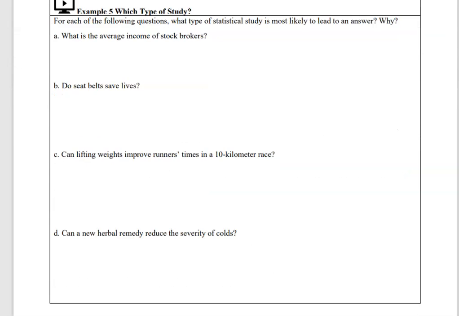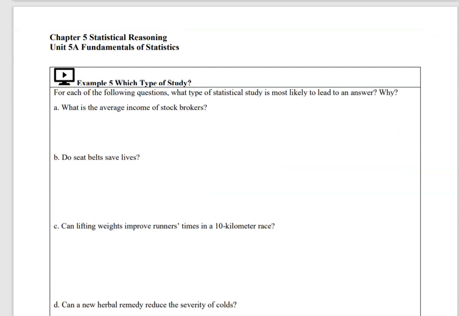In example 5A, it says for each of the following questions, what type of statistical study is most likely to lead to an answer and why? What is the average income of stockbrokers? Well, an observational study can tell us the average income of stockbrokers. We need only survey or observe the brokers. So yes, we can do this by an observational study.